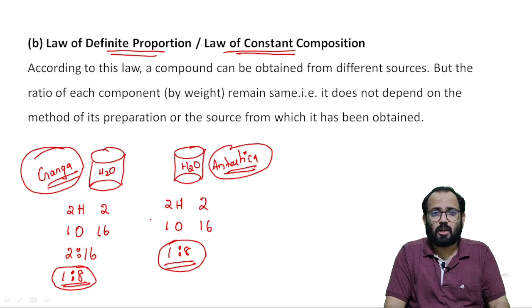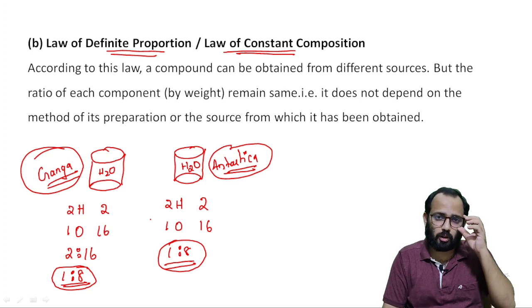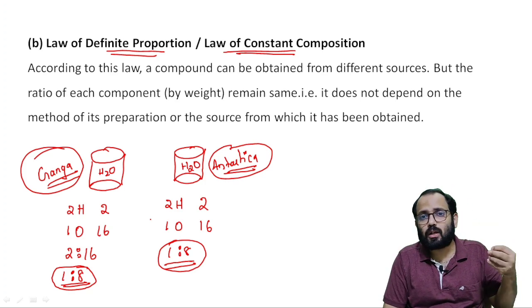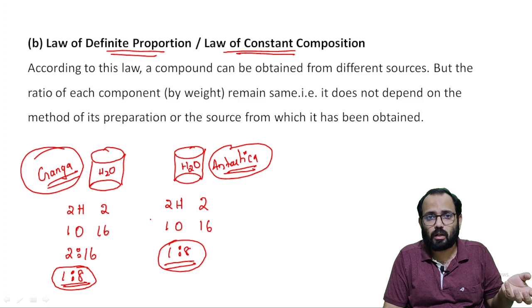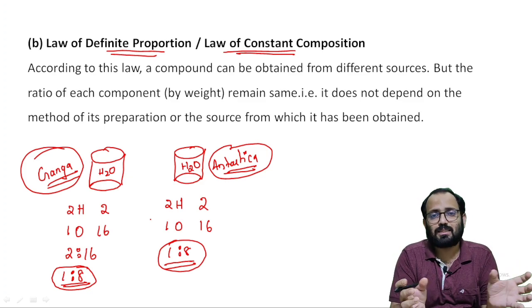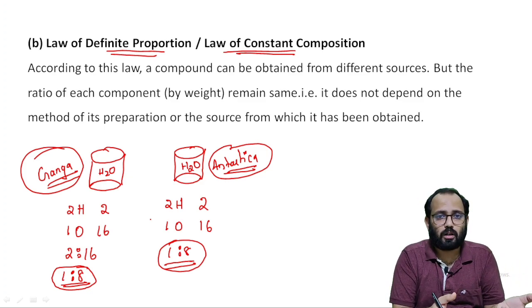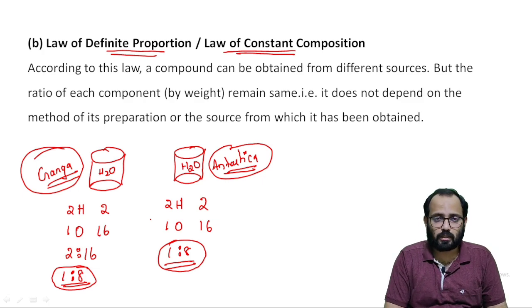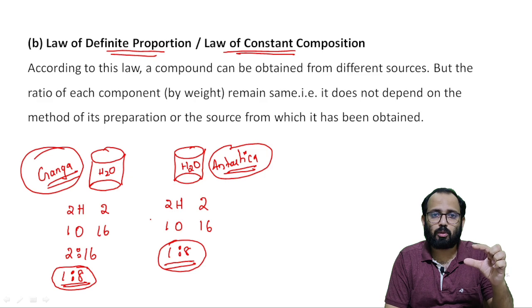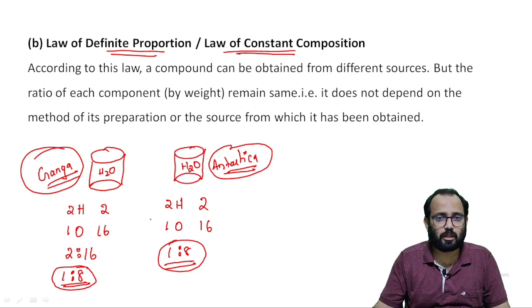Whatever the source is, maybe you are synthesizing the compound or it is naturally occurring, and you are getting, let's say, calcium carbonate or CuCO3, whatever it is, then its composition is going to be the same always.